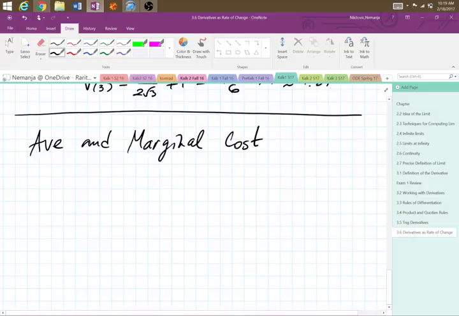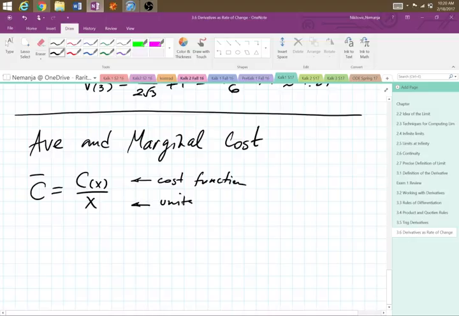So the cost function will have the average cost equal to the cost function divided by the number of units produced. So that's the average cost.